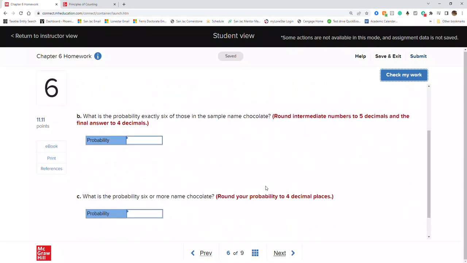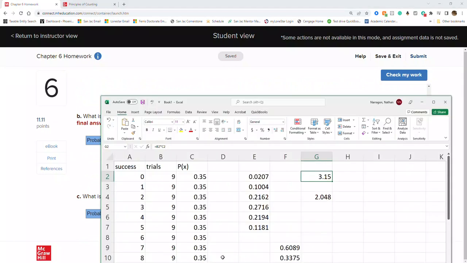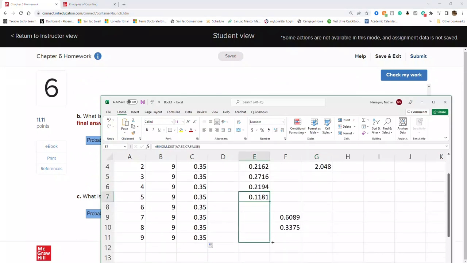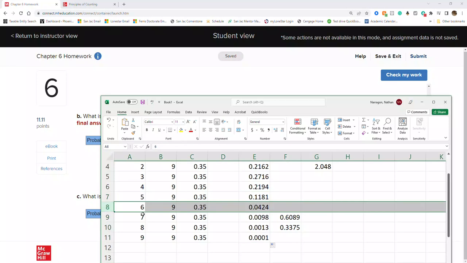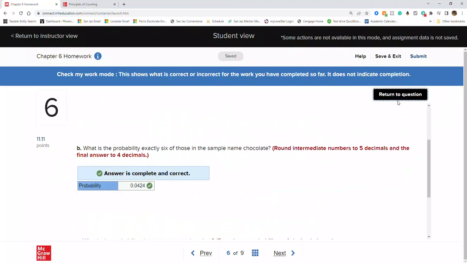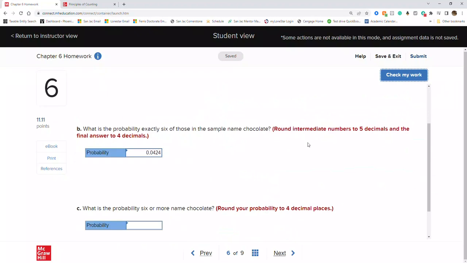And here we go. Since I've already done the chart, what is the probability of exactly 6 of those people in the sample naming chocolate? Okay. So right here, make sure we drag down. And 6. Looks like it's 0.0424. Okay, check. Return to the question.